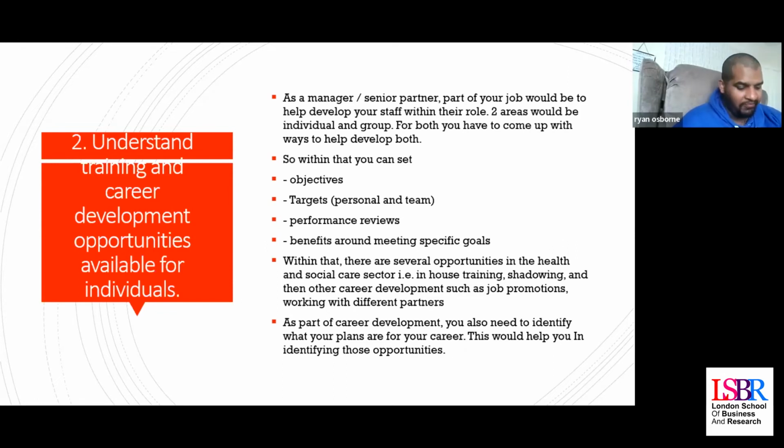Performance reviews are big because they're almost like one-to-ones, but you'll be looking at how they have performed. You can look at them in different ways.